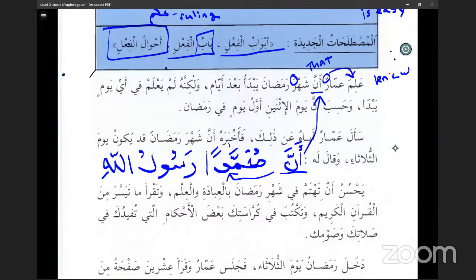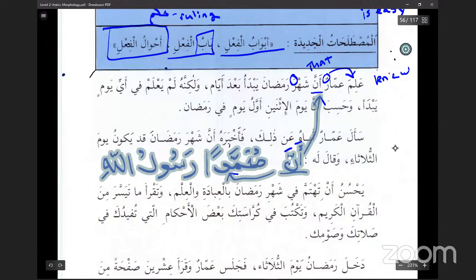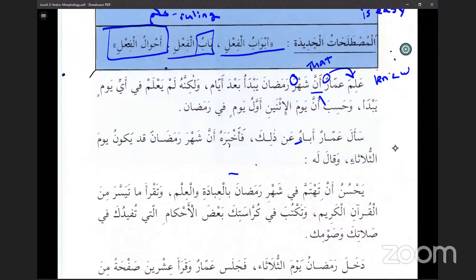So Ammar knew that the month of Ramadan yabda'u ba'da ayyam. We know every word in this little sentence. Yabda'u, bada'a yabda'u, begins. So alima Ammarun anna shahra Ramadana yabda'u. Ammar knew that the month of Ramadan begins.